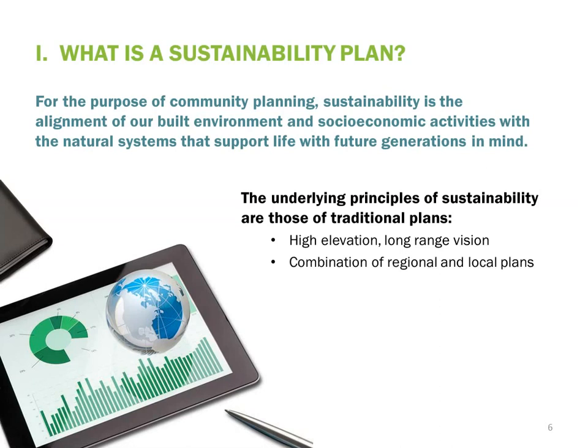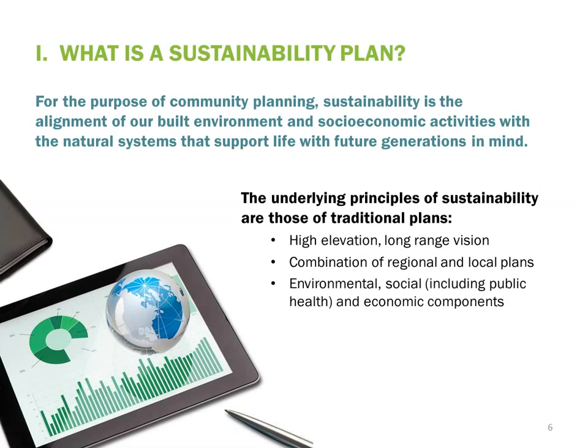The combination of regional and local plans, environmental, social, including public health, and economics components, focuses on goals, policies, and implementation. And again, the concept here is that a sustainability plan is somewhat like a general plan.